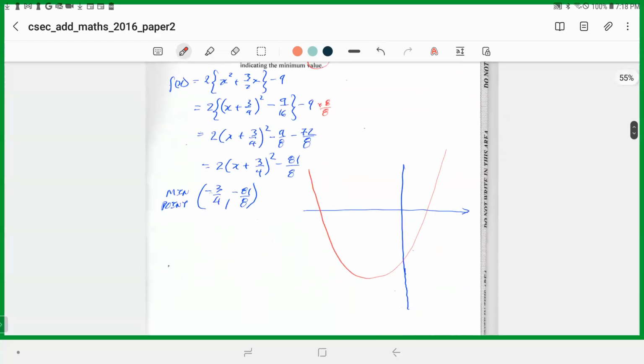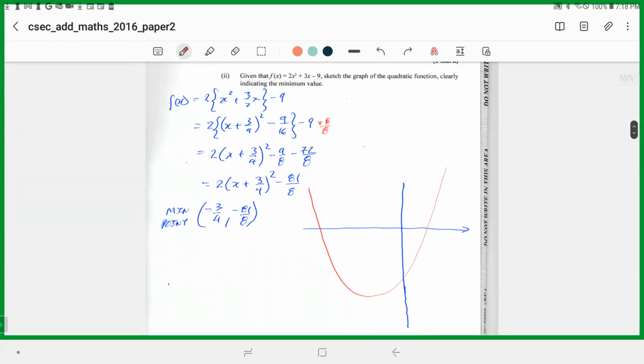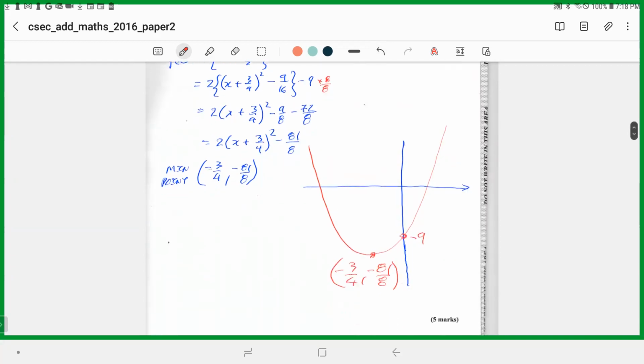That's why I make it cut the y-axis down here. So if I were to label it, right here is negative 9 on the y-axis. Right here, negative 3 over 4, negative 81 over 8. And that's it. That's a sketch. Just need to label it up, sketch of f of x, put on your y-axis and your x-axis.